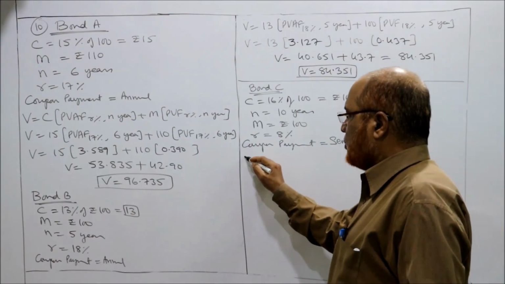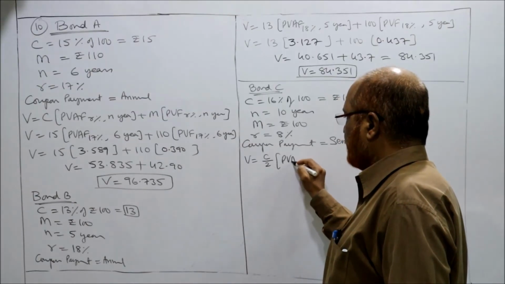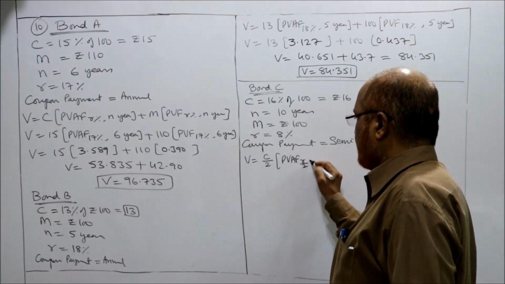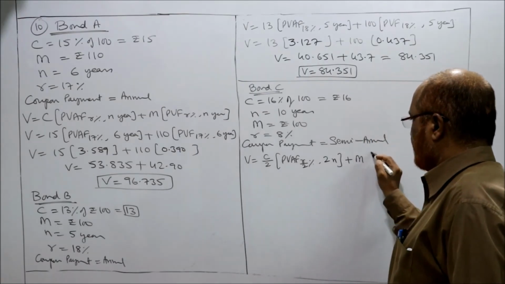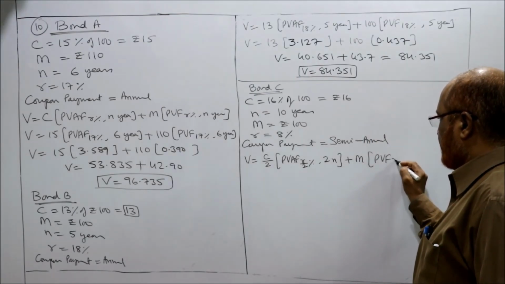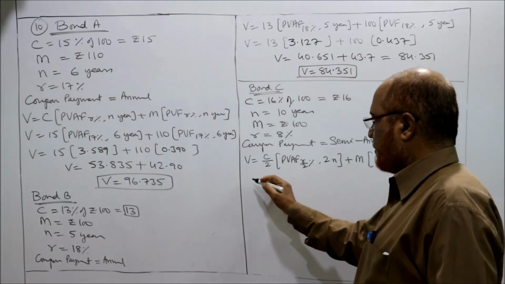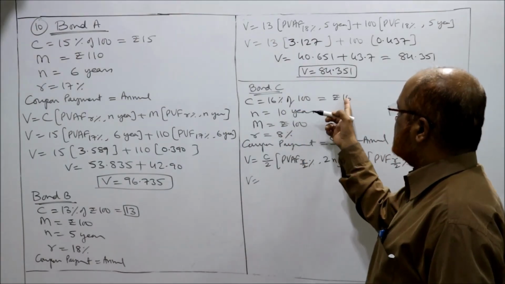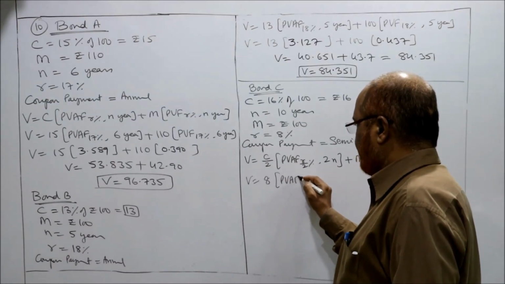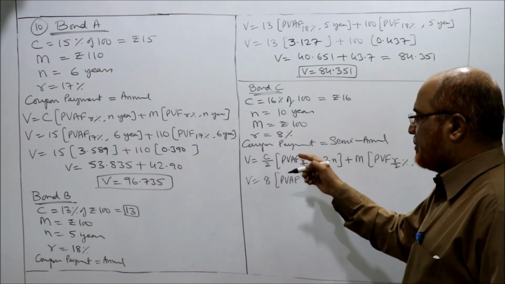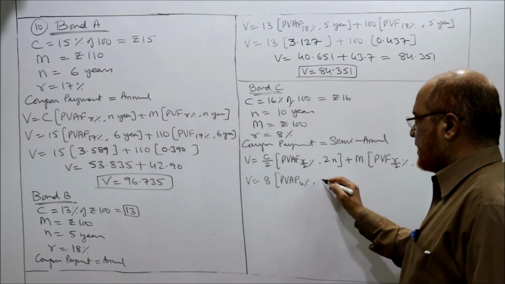So V is equal to C/2, 16/2 is 8, PVAF R/2, 8 divided by 2 is 4%, 2 into N, 2 into 10 is 20.